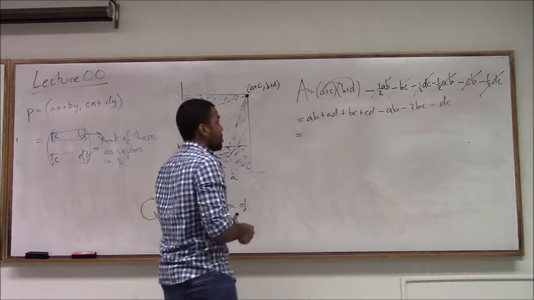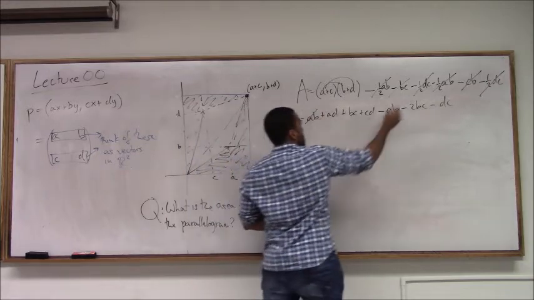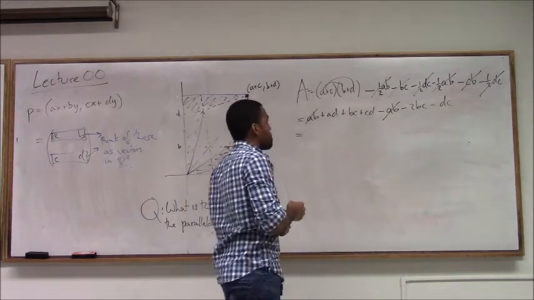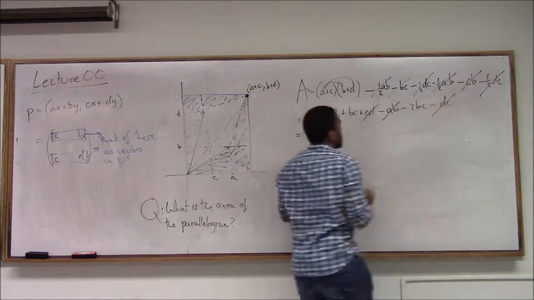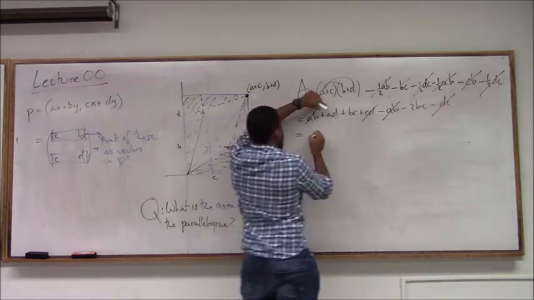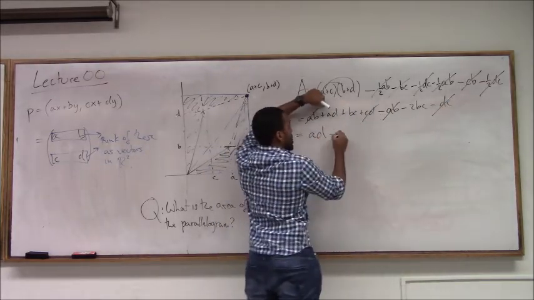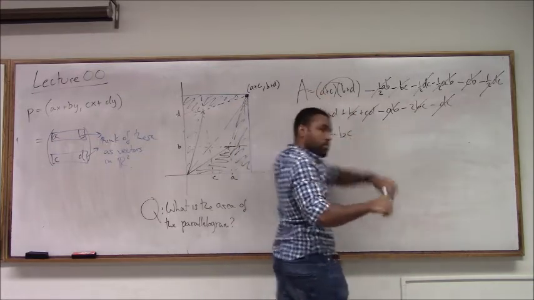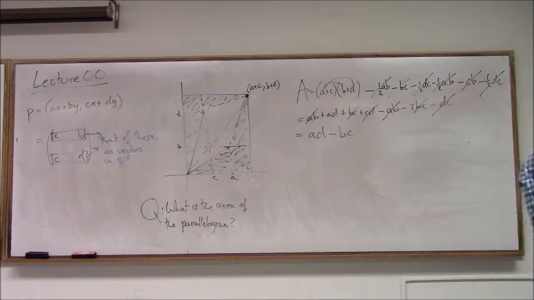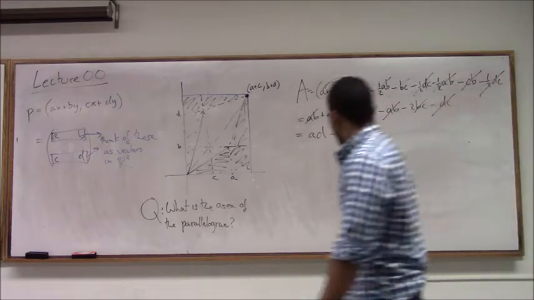So what do I have now? I have AB minus AB, which cancels. I have CD minus CD, which cancels. So I'm left with AD, plus BC minus 2BC, which is minus BC. So the area of this parallelogram is given by that expression, AD minus BC.